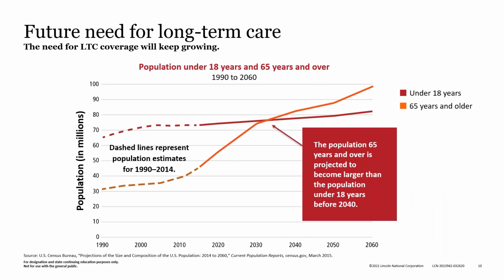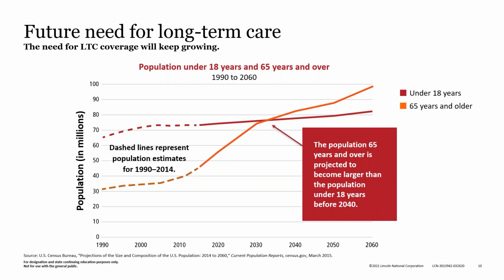This is an important chart here. You're going to see an orange line, and we'll call it a maroon line. If we go back to 1990, there were about 30 million folks age 65 and older. If we fast forward to today, that number has almost doubled to about 60 million individuals age 65 and older.